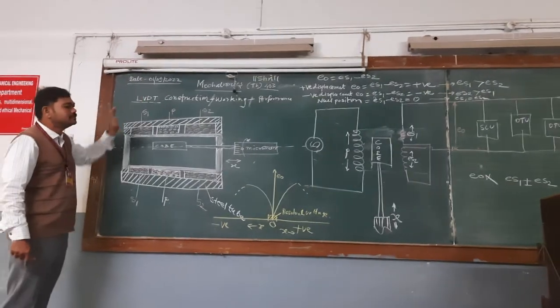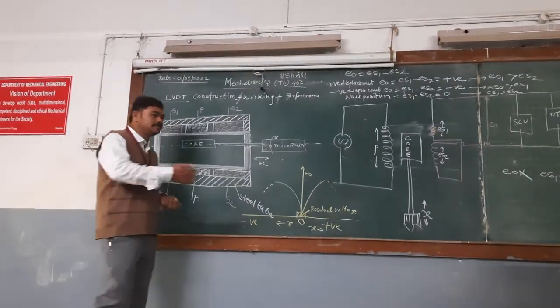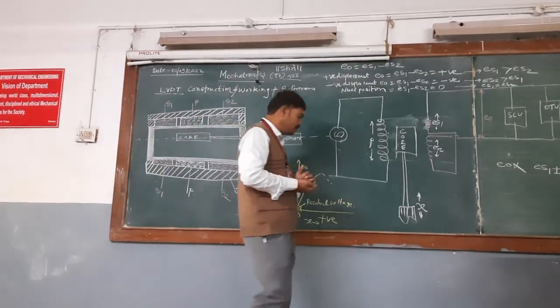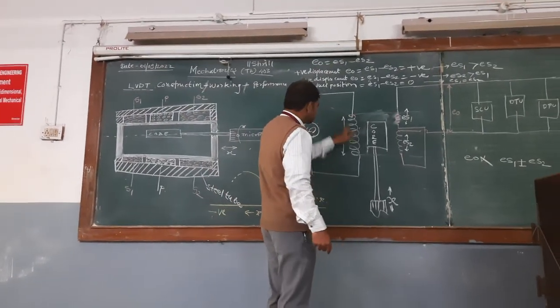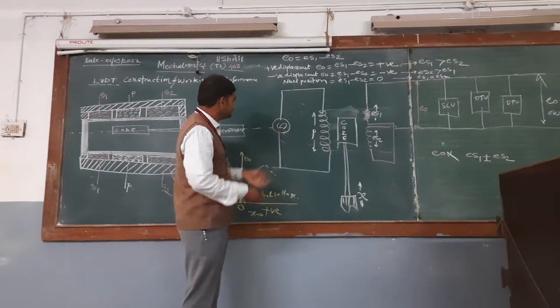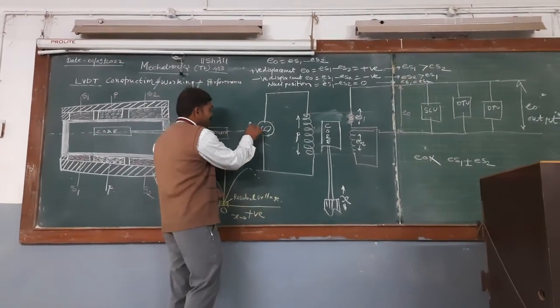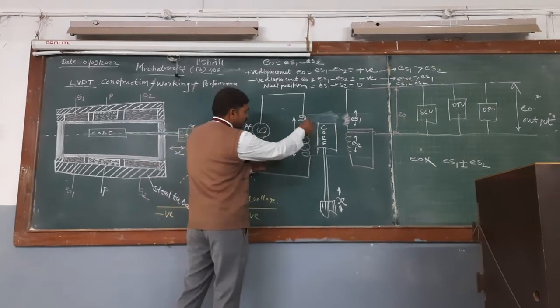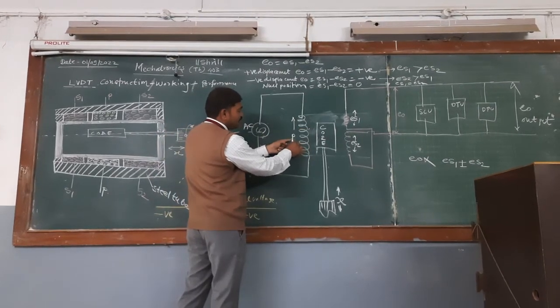LVDT, D for differential. Why is it called a differential transducer? If you observe our circuit diagram, an AC sinusoidal supply is fed to the primary coil. P stands for primary coil.